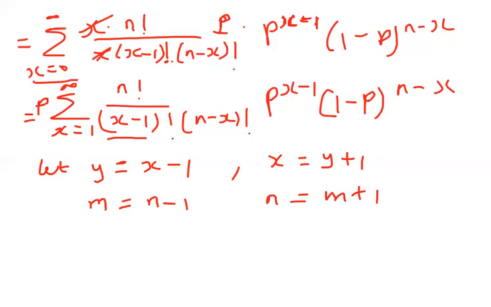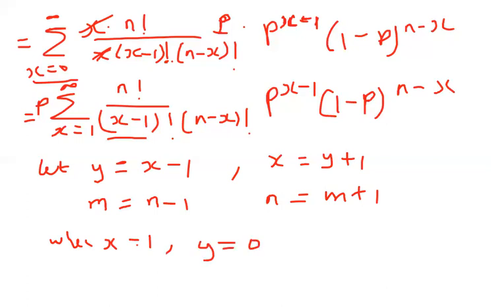Great. So now let me look for the upper limit and the lower limit, that is where x starts from, because I'm trying to replace the x here with y. When x is equal to 1, it means y is equal to 1 minus 1, so y is equal to 0.